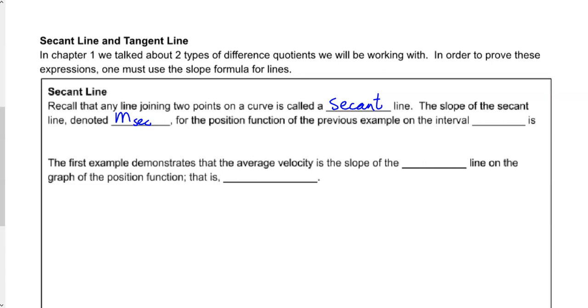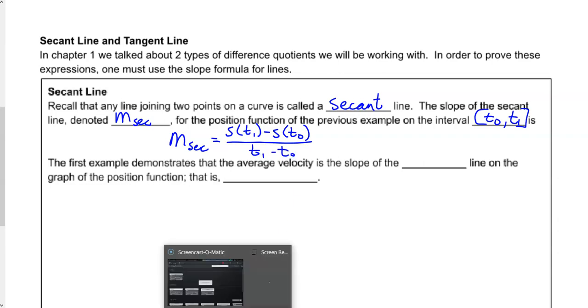denoted by m, and we're just putting SEC for secant, so m is usually the slope. For the position function of the previous example on the interval of t0 to t1 is defined to be exactly what we were just working with, the average velocity, except in the context of a secant line. Now the secant line is found by doing s of t1 minus s of t0 all over t sub 1 minus t sub 0. Okay?